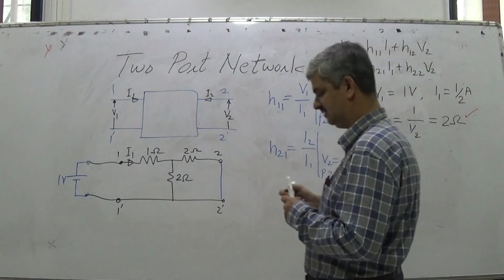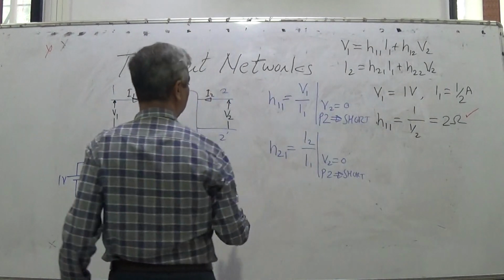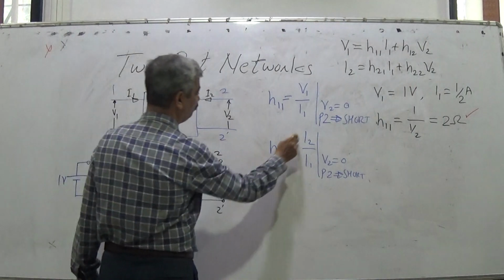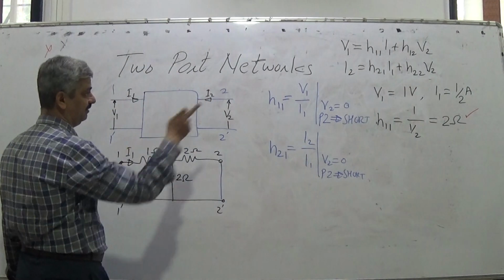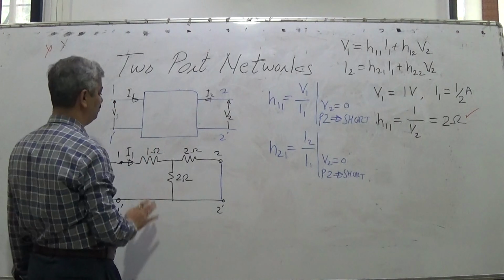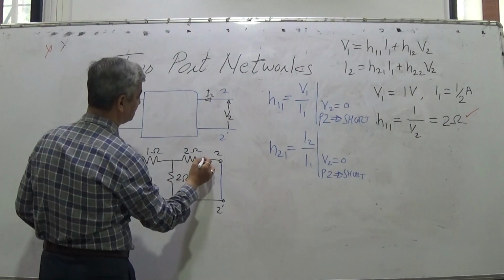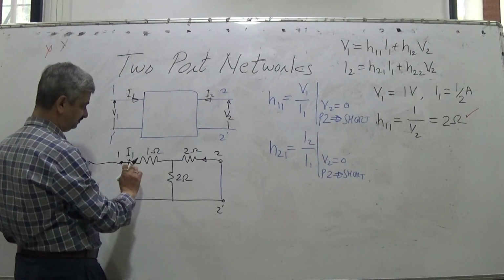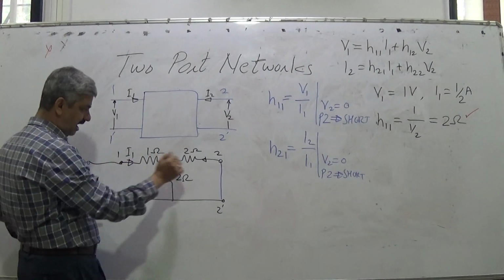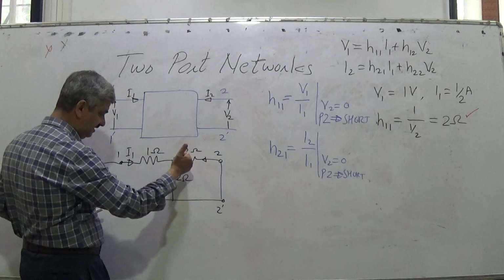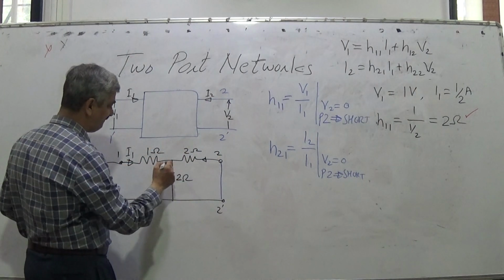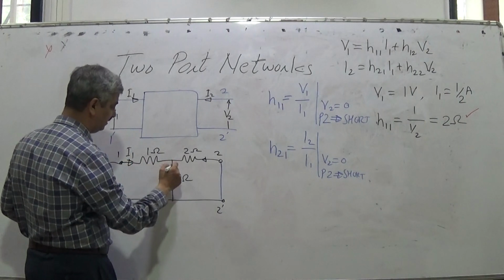Now similarly we calculate H21 for the same circuit. What is H21? H21 is I2 upon I1. I1 we already calculated, half ampere. So what is I2? I2 is this current. In this case, how much current is flowing? This is 1 ampere. So this is half ampere.